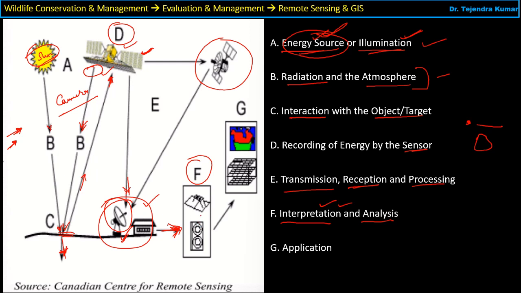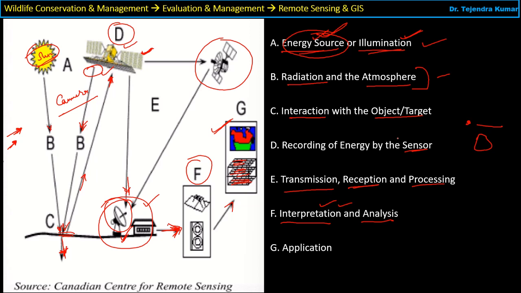There are two different types of interpretation, which I will explain later on: analog or visual, or digital. These things are interpreted and analyzed here, and then sent back this way, and here many layers are formed one on another, and the complete picture is made, because this part is of GIS.